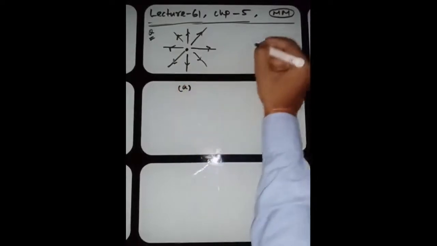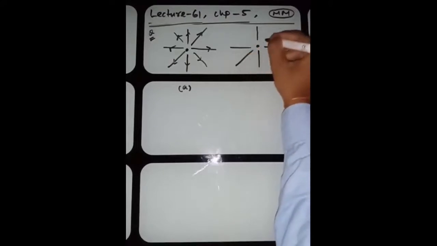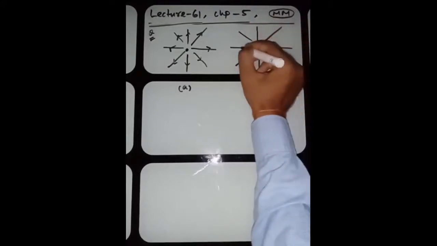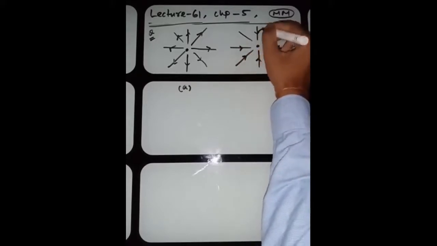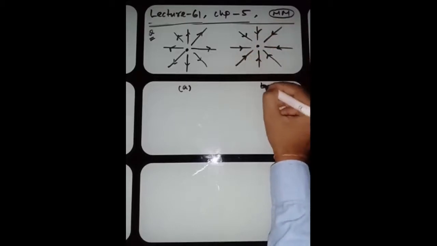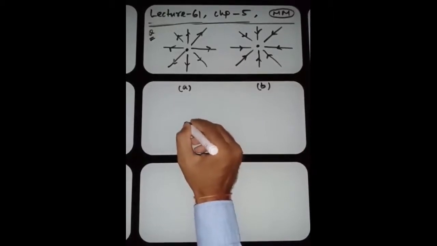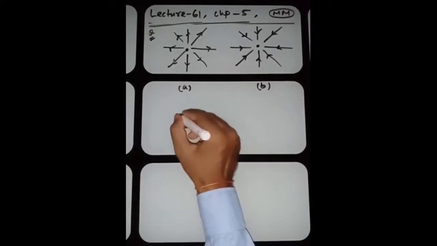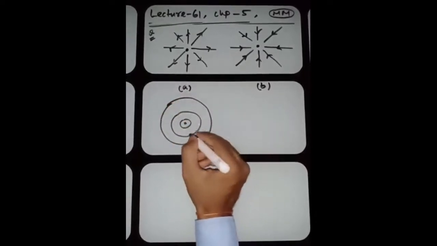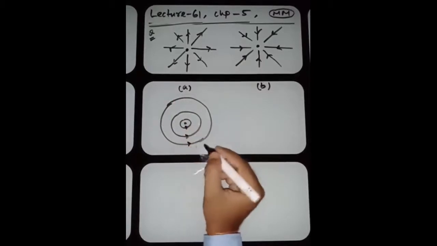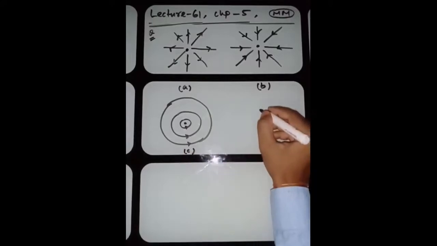Option A, option B here. All right, the option B, one more, the pointing here, the dot. All right, here the direction I'm representing, option C, and the last one, it is the option D.